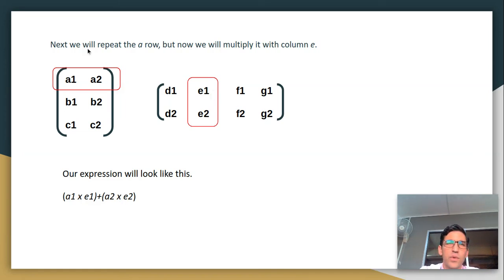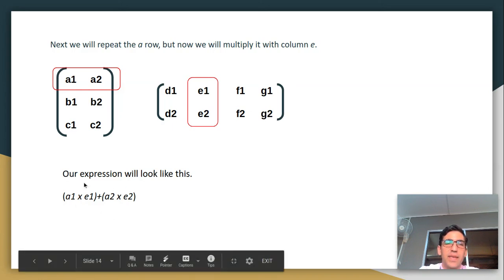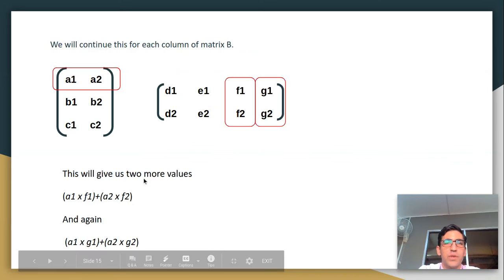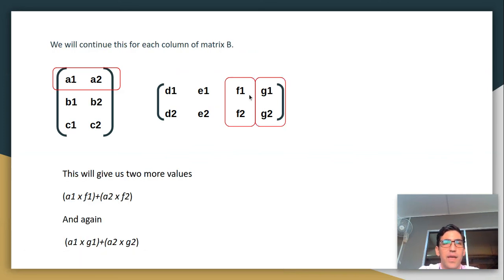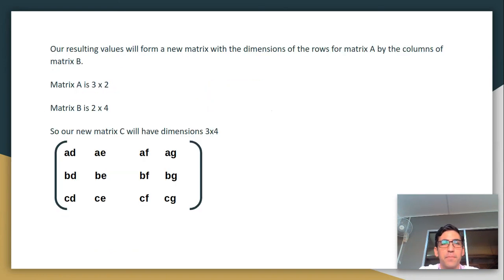But so we just have to multiply the A1 and A2 by the D1, the D2, the E1, the E2, the F1, the F2, the G1, the G2, and we add our pieces together for each column that we do. So we do it again for the Fs and the Gs, for the rest of the columns of the matrix, and then through the rows of our first matrix, until everything is completed, and it will look like this.